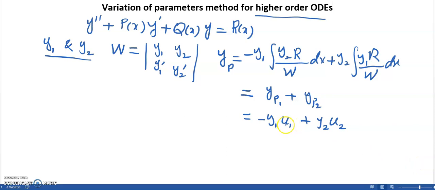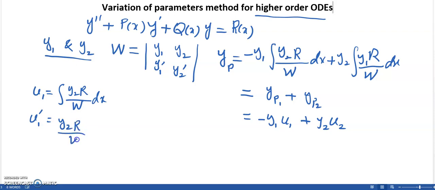If u1 is the integral of y2 r over W dx, then u1 prime will be simply y2 r over W, and similarly u2 prime will be y1 r over W, without that integral.